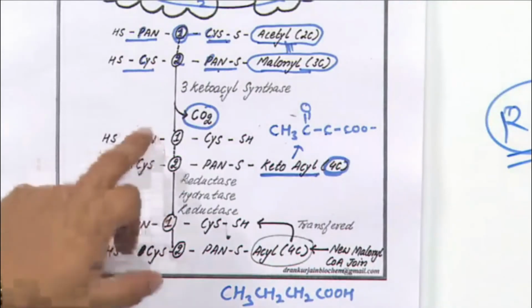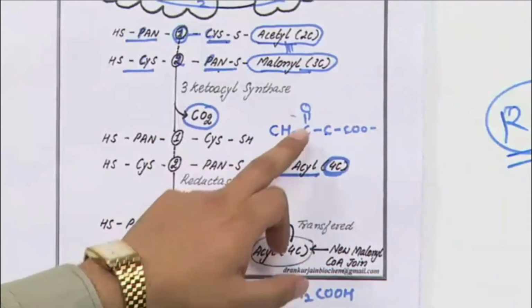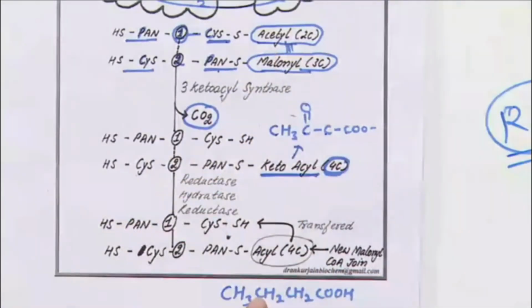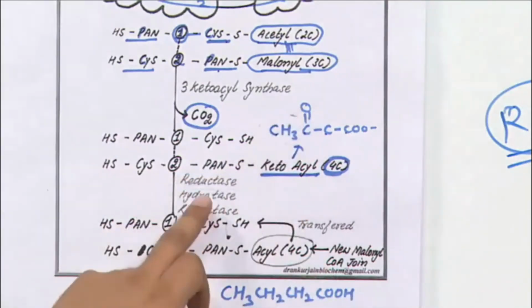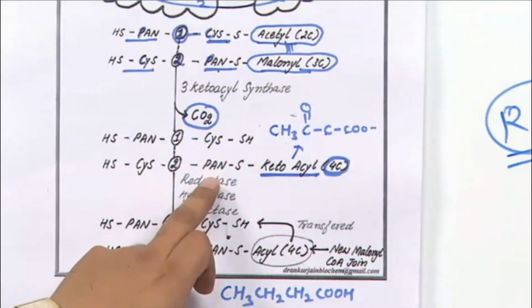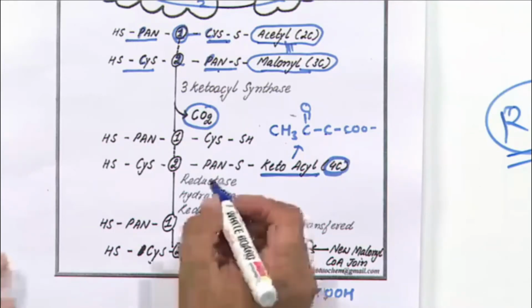Now this ketoacyl compound is formed having a keto group, but we are to synthesize butyric acid, so this keto group must be converted to CH2. To convert this keto group to CH2, we require 3 enzymes: reductase, hydratase and reductase. And I told you, wherever you want reduction, you require NADPH.